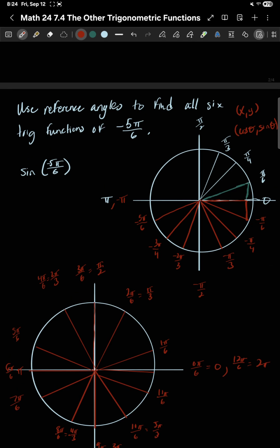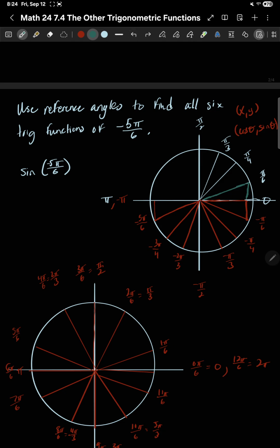So since we're looking for sine of negative 5 pi over 6, we're trying to find the height and the base of this triangle here. Remember that sine is like the height of the triangle, or this side, and the cosine of negative 5 pi over 6 would be the base of the triangle, or this side.